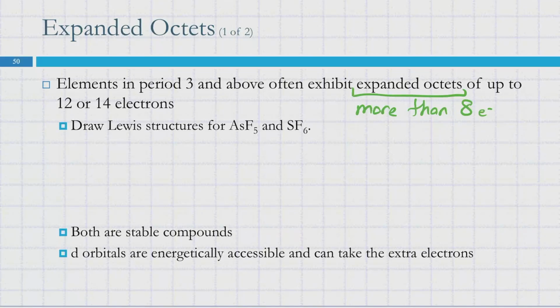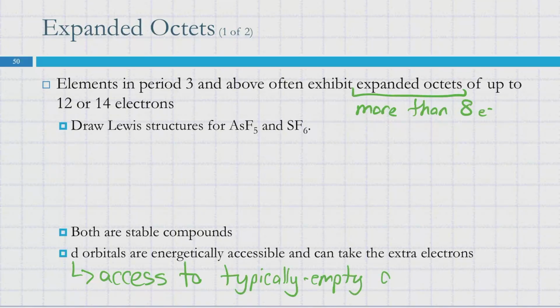And the reason that they can form things that we call expanded octets is because they have access to d orbitals. Or the way that I've described it to my 3A students, they have extra pockets or they can hide the electrons.